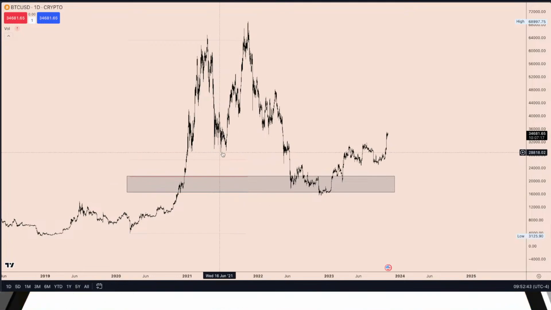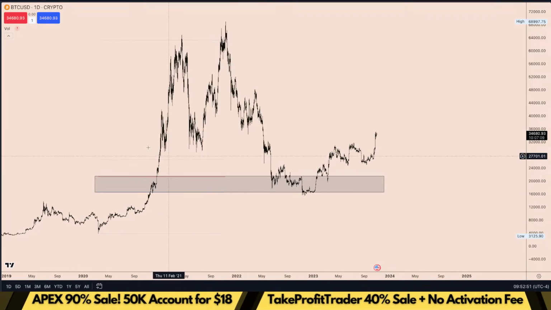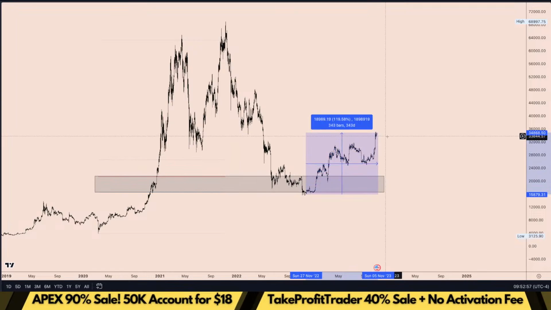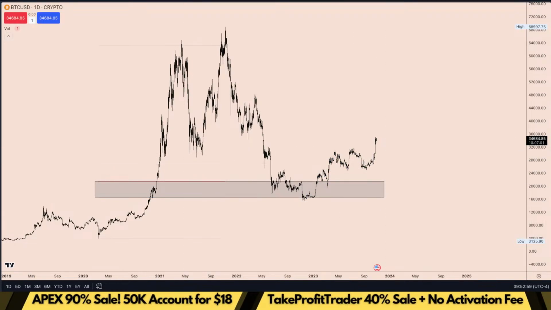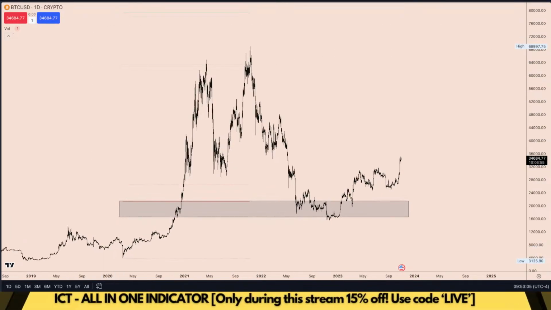Roughly here's when I started to buy: 61.8, 65, 70, 75, 80%. And from my lowest entry, that's already up 120%. You can't complain about that. And to the all-time high, that's a smooth 3.5x. And that's only Bitcoin.